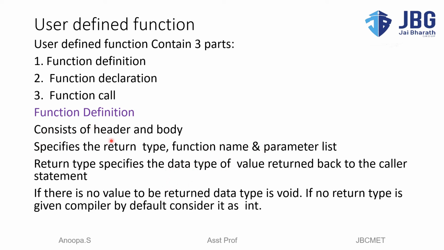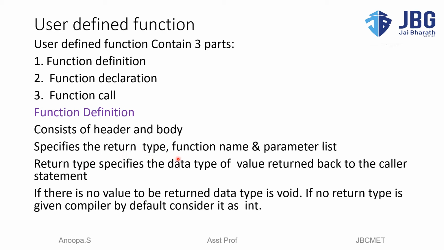So the header and body are the main two parts of a function definition. In that, the header will consist of return type, function name and parameter list. Now, what is this return type? Return type means after the execution of the function, if there is any result, that result will have a data type, right? That data type will be written here as the return type.